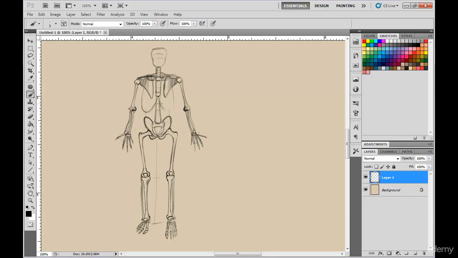And honestly, that's really all you have to memorize when it comes to the skeletal structure. And just know, actually, the rib cage comes out a little bit further, especially with the male rib cage. It comes out a little bit further, like this, and then starts coming down. Female rib cage doesn't come out quite as far.